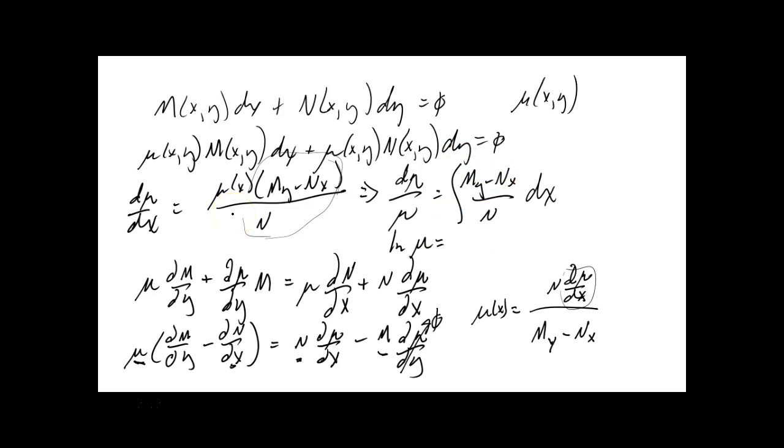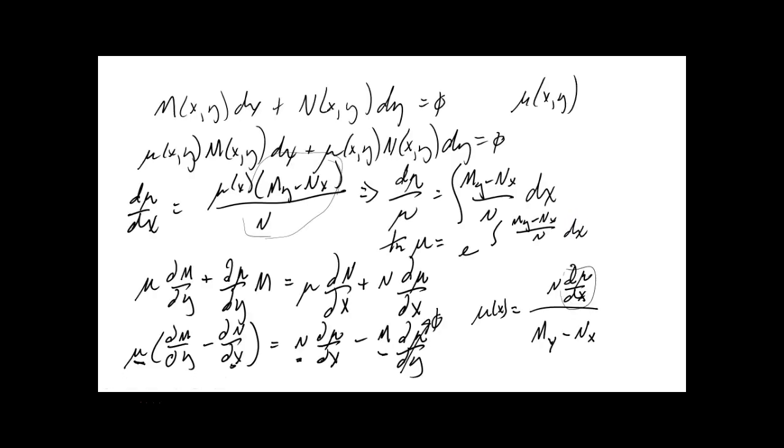Well, if I want to know what mu is, then I'll raise it to e to the integral of m sub y minus n sub x over n dx. Okay? So this is all a function of x integrated.